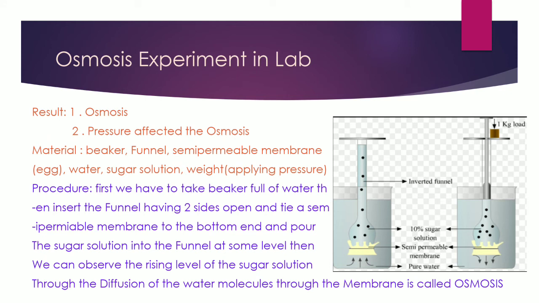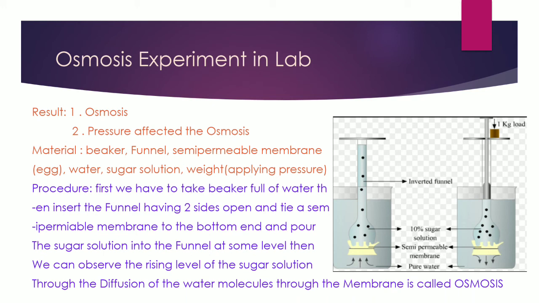Now we are going to the second experiment, the osmosis experiment in the lab. Result: osmosis, and also pressure affects osmosis. Material: beaker, funnel, semi-permeable membrane, that is from egg, water, sugar solution, and weight for applying pressure.